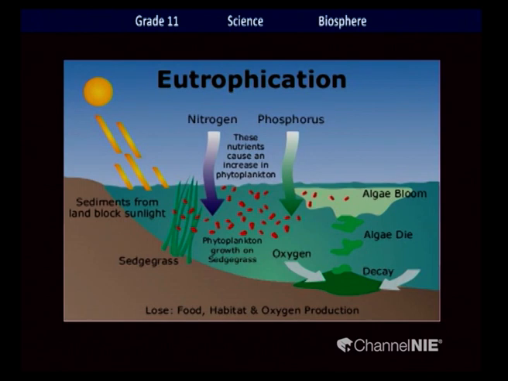So due to eutrophication, the oxygen concentration in the reservoir decreases, the nutrient level in the reservoir increases, and oxygen demand by the organisms increases. We call it biological oxygen demand. So then what happens? Bacteria will decompose this dead organic matter by anaerobic activity.